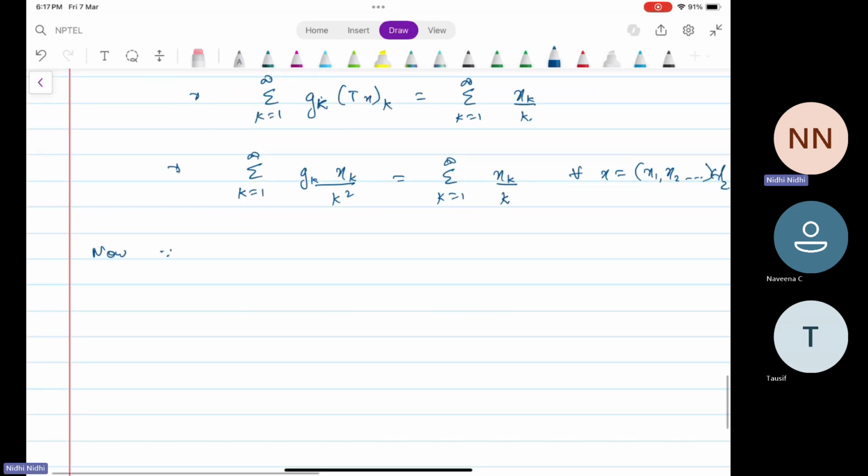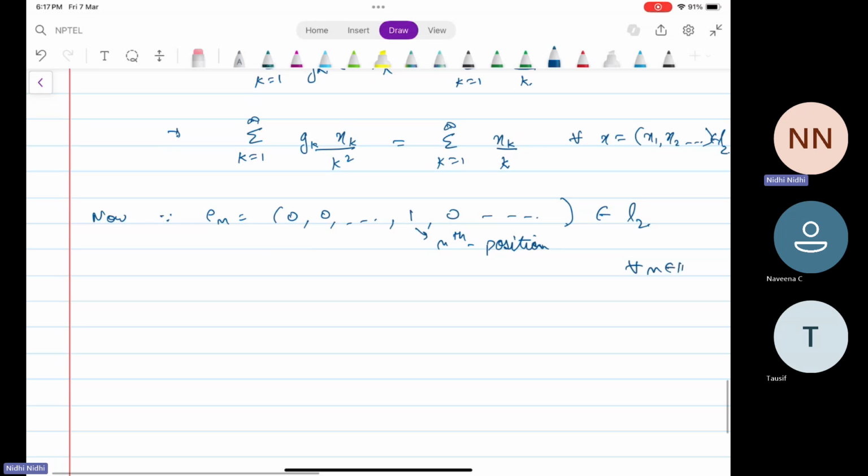Now, since en is the sequence such that it is 1 at the nth position and 0 elsewhere, this belongs to L2 for every n in N. This implies summation k from 1 to infinity, let me write gk enk by k square is equal to summation k from 1 to infinity enk by k.